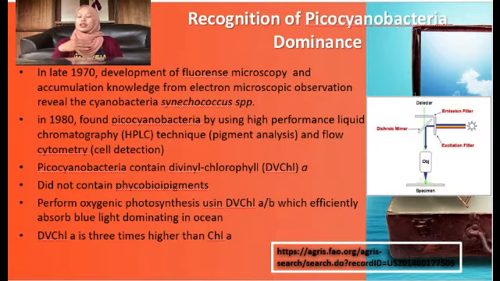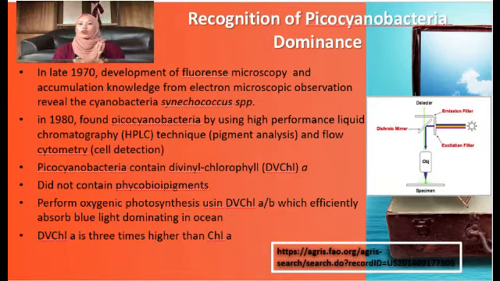In 1980, another bacteria was found, which is picocyanobacteria. It was discovered through the development of HPLC. HPLC means high performance liquid chromatography, used for pigment analysis, and flow cytometry is used for cell detection.